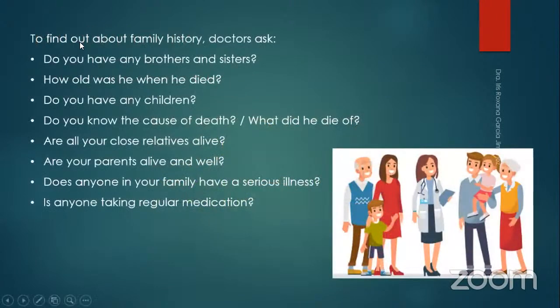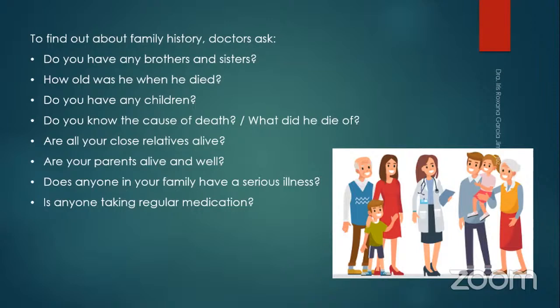To find out about family history, we can ask, do you have any brothers and sisters? Do you have any siblings, for example? How old was he when he died? Do you have any children? Do you know the cause of death? What did he die of?